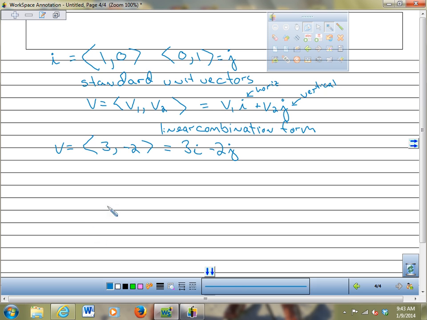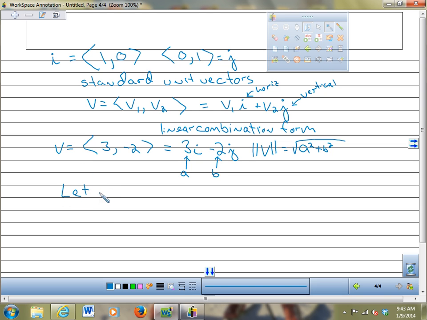And if the numbers in front of i and j are a and b, then the magnitude of v is going to be equal to the square root of a squared plus b squared, the same thing as we did with the component form of a vector. And you do operations exactly the same way.